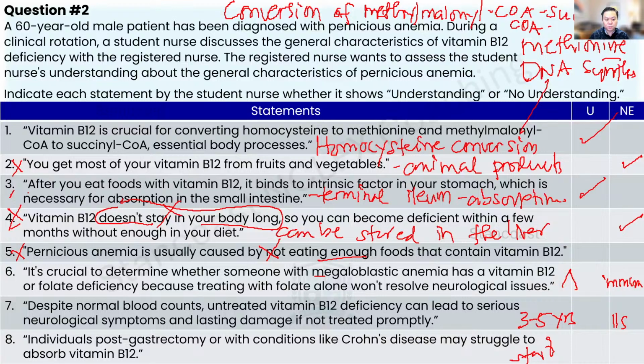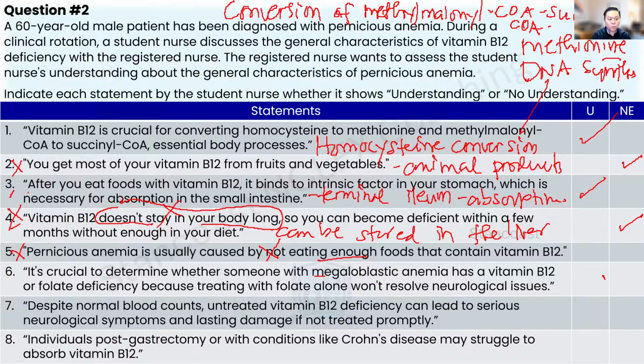Remember about what I said on the lack of vitamin B12, where there is a decrease in the conversion of the methylmalonyl CoA into the succinyl CoA, which is important in the maintenance of the myelin sheath in the nervous system. And so it can lead to those neurological manifestations.